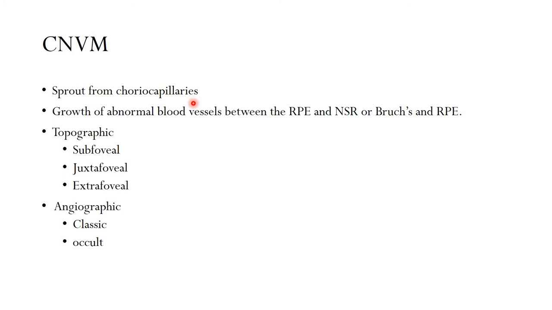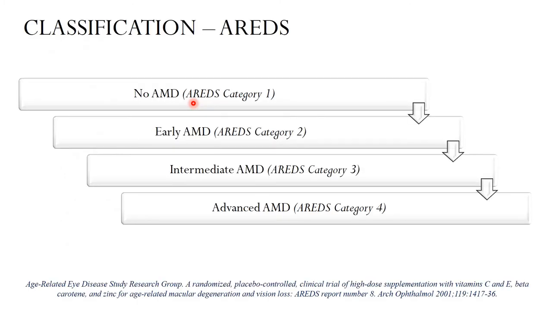In angiographic photography, they can be divided into two interpretations: classic and occult. These are the types of CNVM. Coming to the classifications, it can be divided into four categories, where the first three are on the safer side.